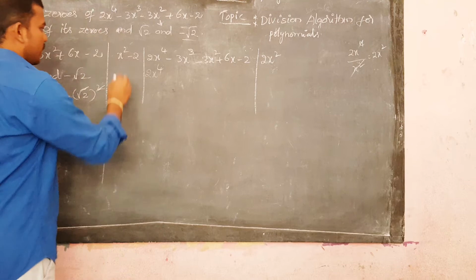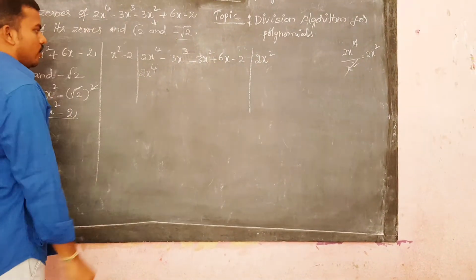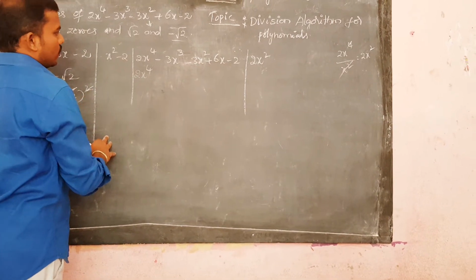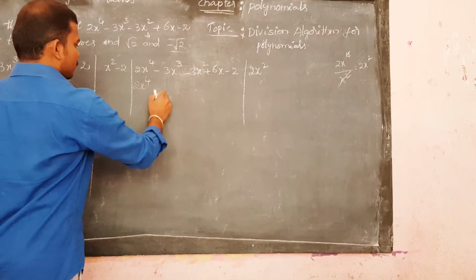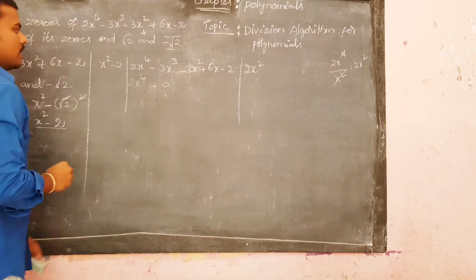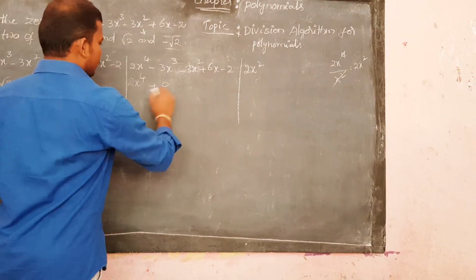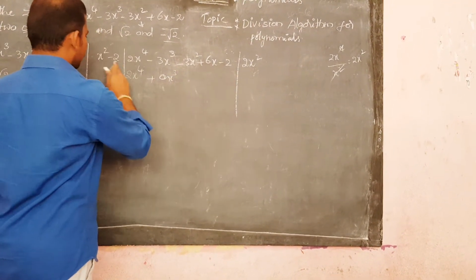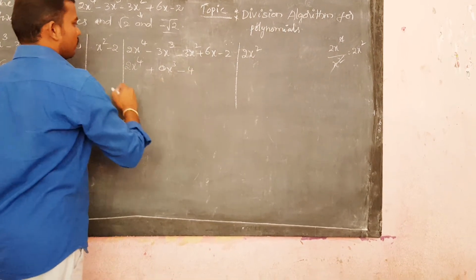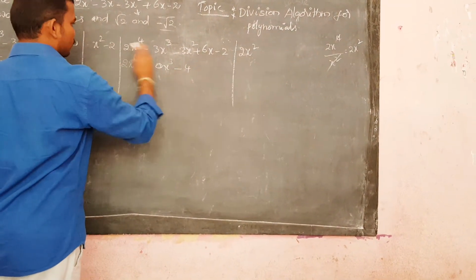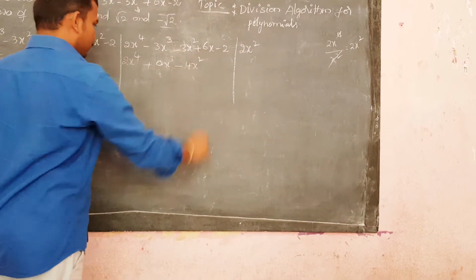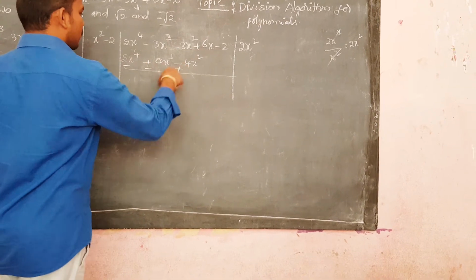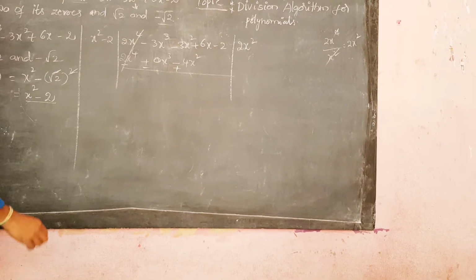Next, minus 2 into 2x square is minus 4x square. Here the x cube term is not there, so we write 0x cube. Subtracting, plus and minus, 2x power 4 get cancelled.